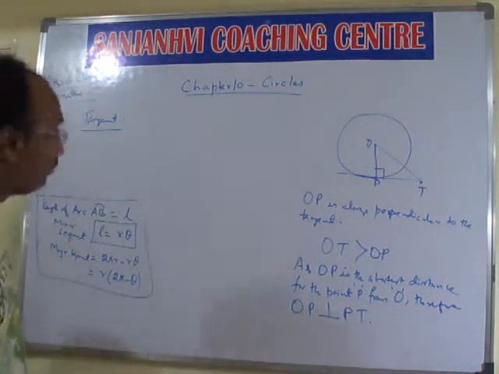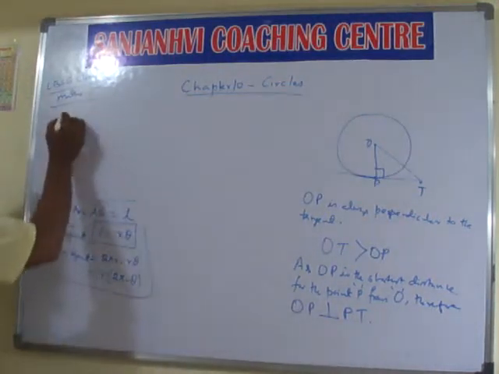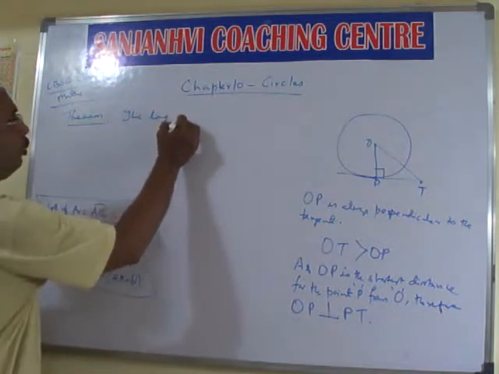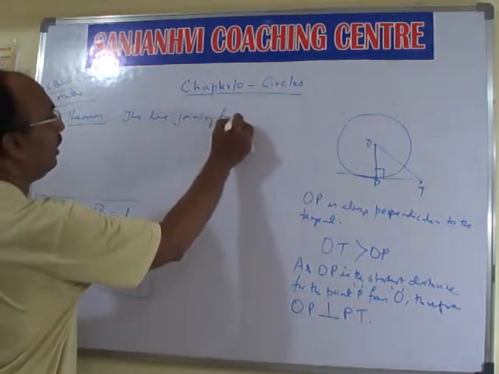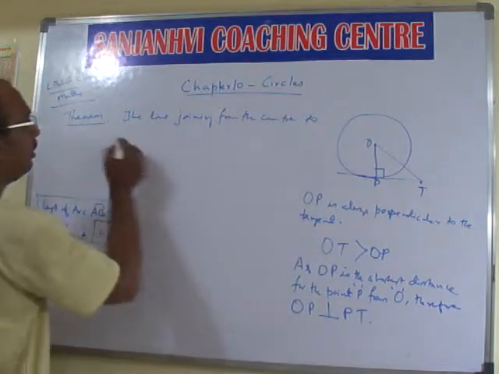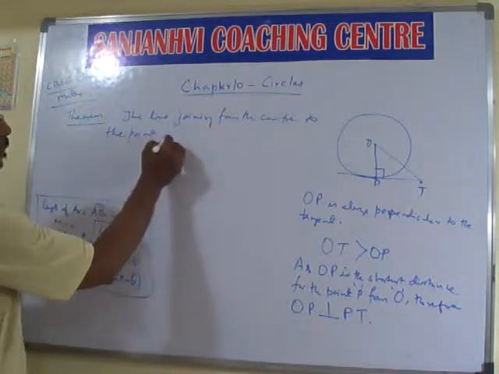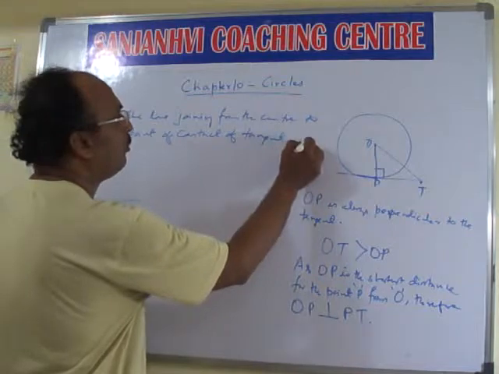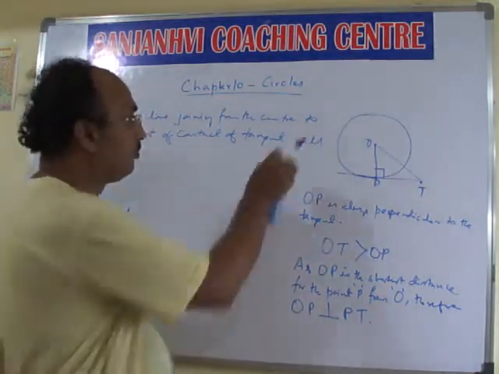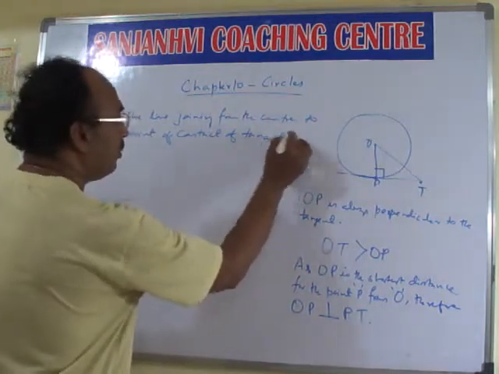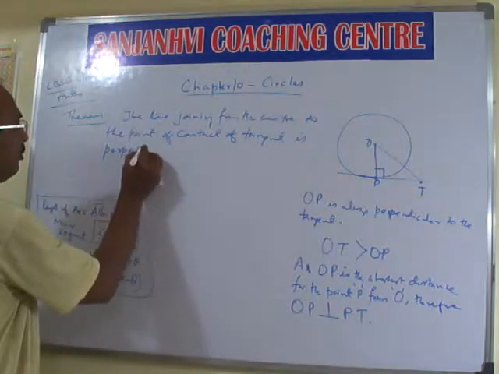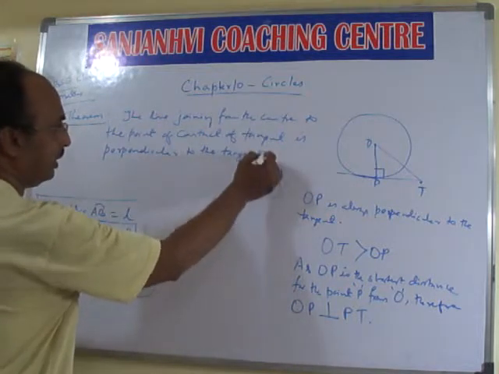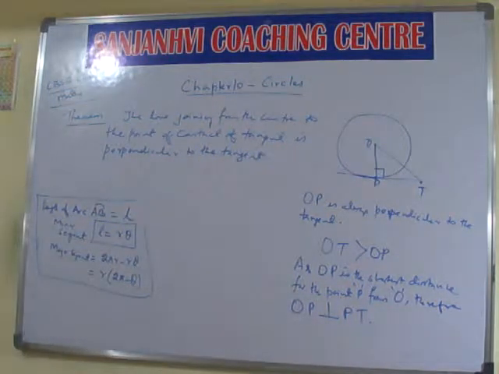It is a theorem: the line joining the center to the point of contact of a tangent is perpendicular to the tangent.